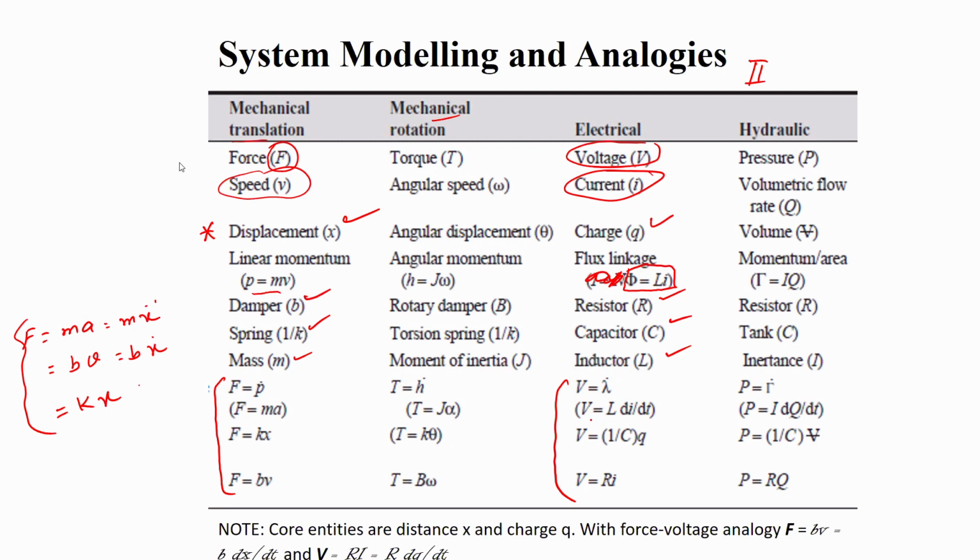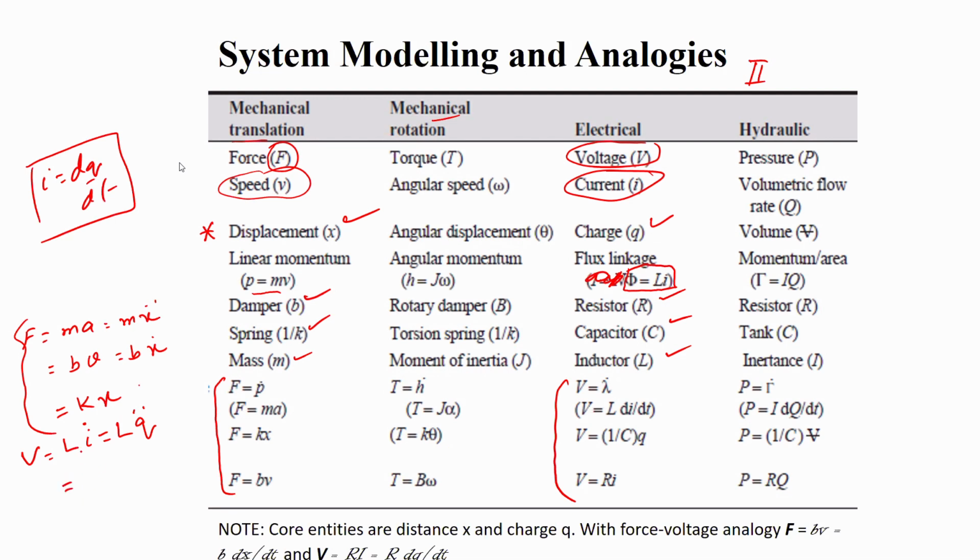Okay, so if you look at this particular one, the voltage V is equal to L I dot, the first derivative, but it is ideally equal to L Q double dot. Do not forget, I is equal to dq over dt. This is the fundamental relationship between the charge and the current.